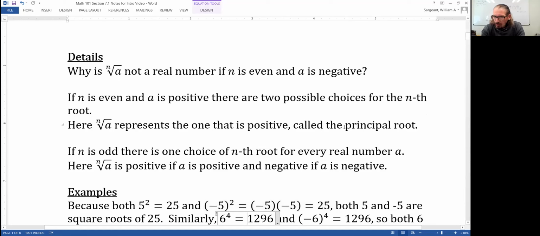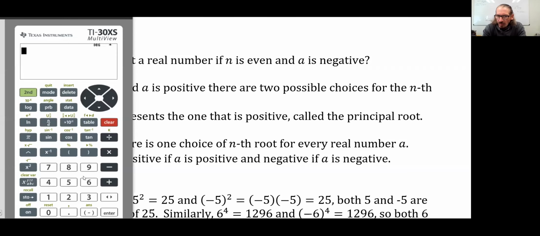And similarly speaking, 6 to the 4th is equal to 1,296. On a TI-30, instead of doing 6 times 6 times 6 times 6, we could do 6 to the 4th power, which is right there. There's the 1,296.